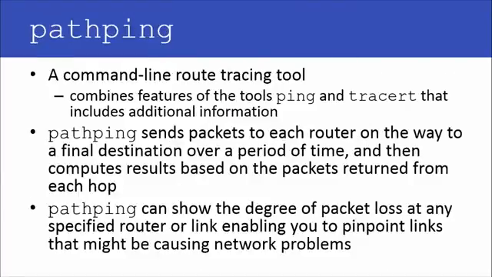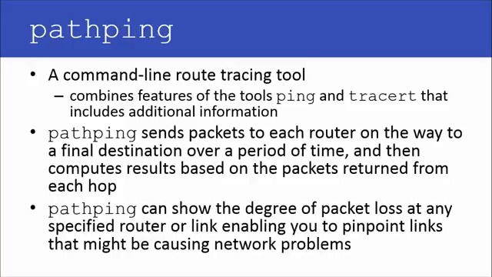PathPing. PathPing is a command line route tracing tool, very similar to traceroute, except it gives you a little bit of extra information, right? So it combines all the things that you love about ping and traceroute, but it gives you a little bit more info. PathPing shows you the degree of packet loss in any specified router, and it really gets into some good detail.